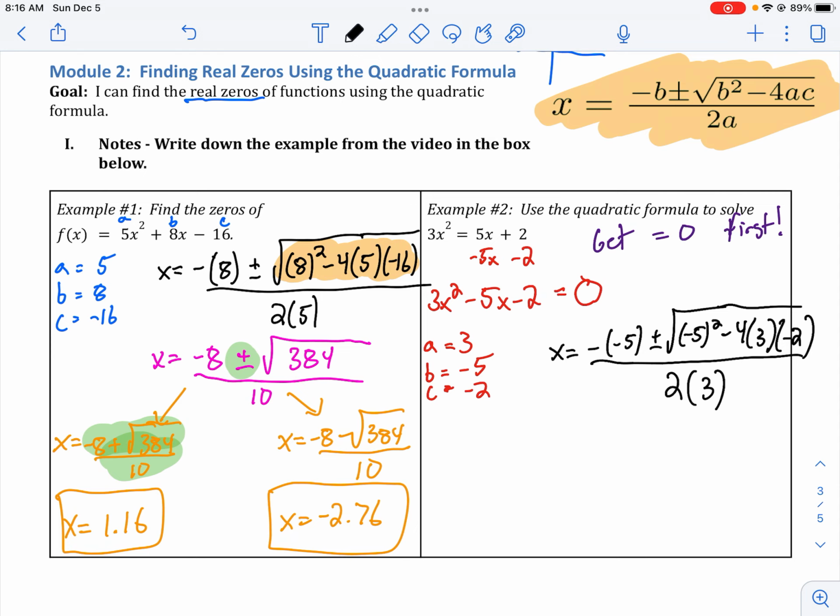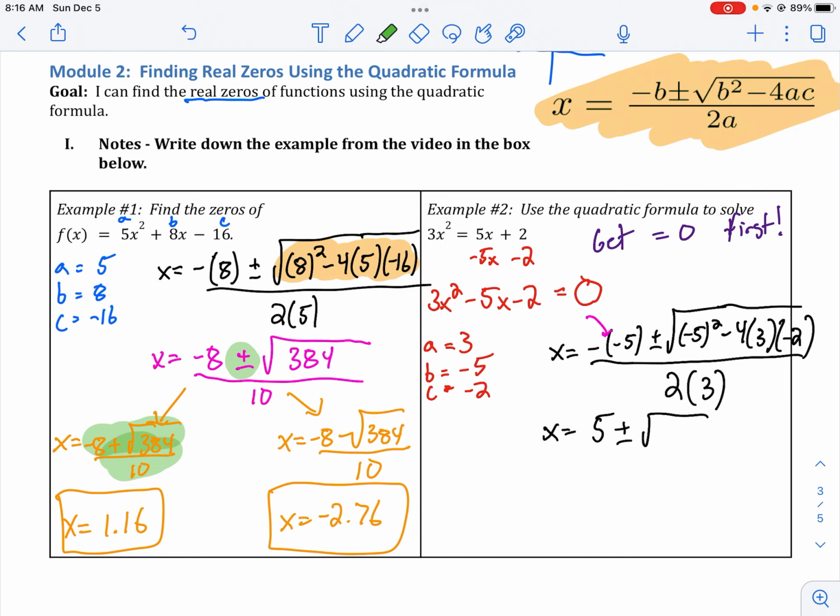And you'll notice every time I substitute an a, b, or c, I put parentheses around it. And that will be important in an example like this, in two different places. So one is right here: if we have a negative 5, a negative times a negative is a positive. So when I rewrite this in simplified form, that becomes a positive 5 plus or minus the square root.